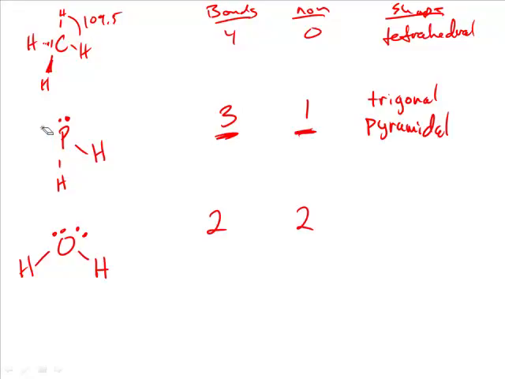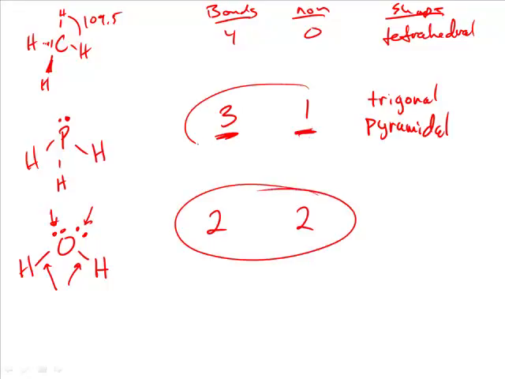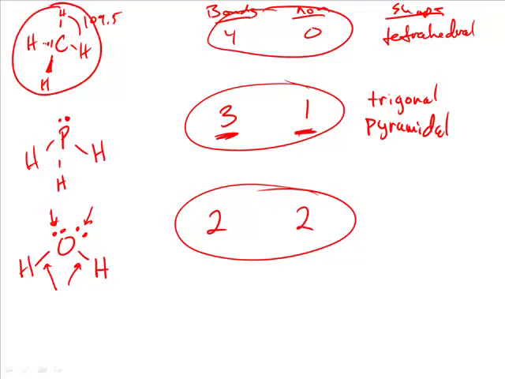Okay, so water, as you can see, has 2 bonding pairs and 2 non-bonding pairs. Again, the key is how many does it have all total? 4, 4, 4. All of the ones that add up to 4 have this tetrahedral shape associated with them, and you simply are removing bonds each time you make a different shape. So there's the water molecule again, but again, you've got to put those dots on there. Okay, so we've got 2 bonds, 2 non-bonding pairs.